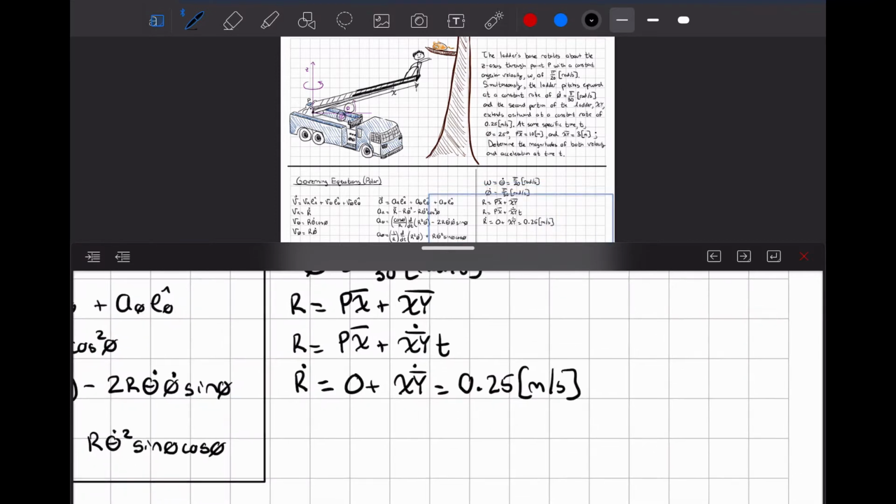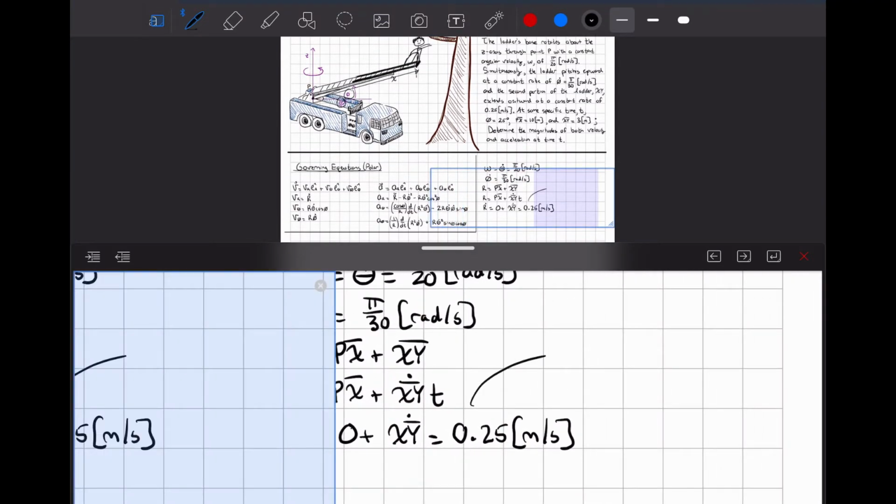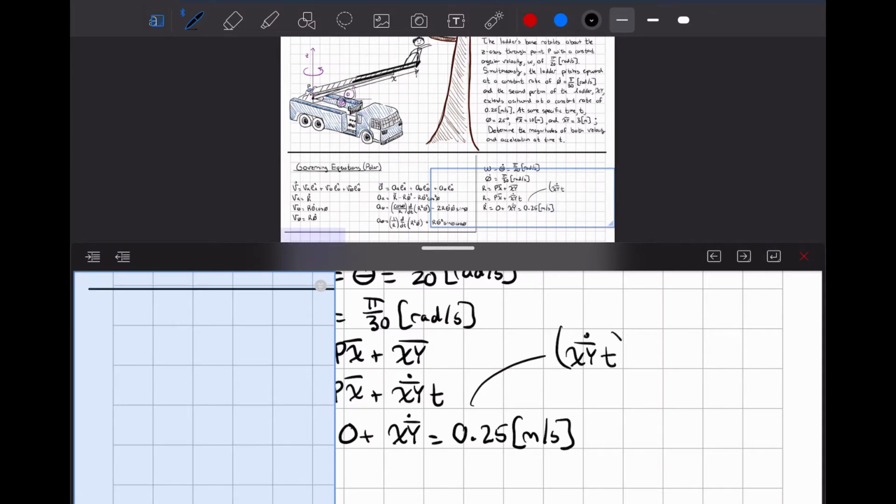So maybe I'll do that real quick to be a little more clear. If we did xy dot t and then took d over dt, this would be xy double dot t plus xy dot times 1. But xy double dot is 0. So we would get the same thing anyway.